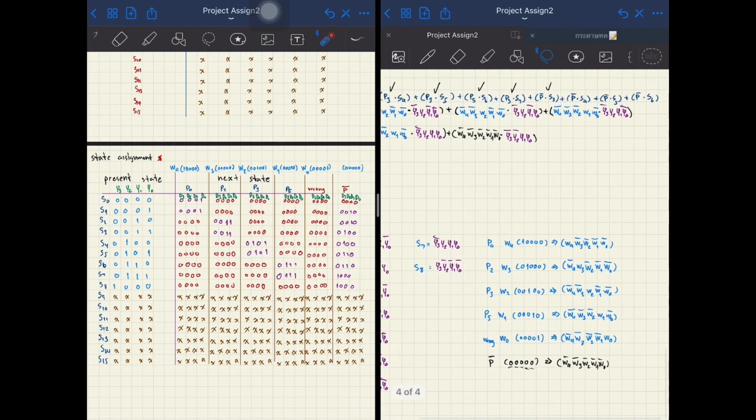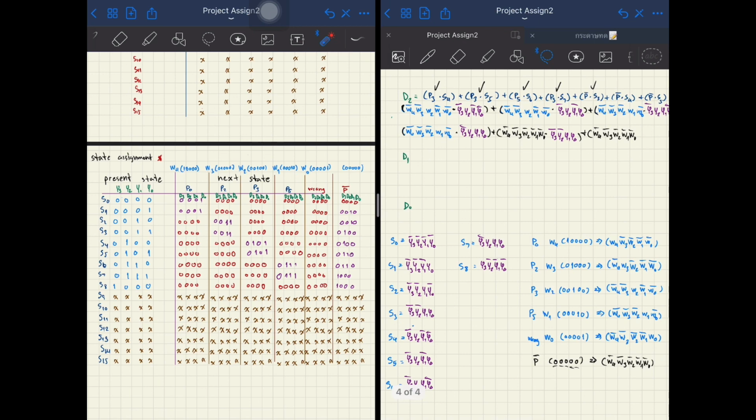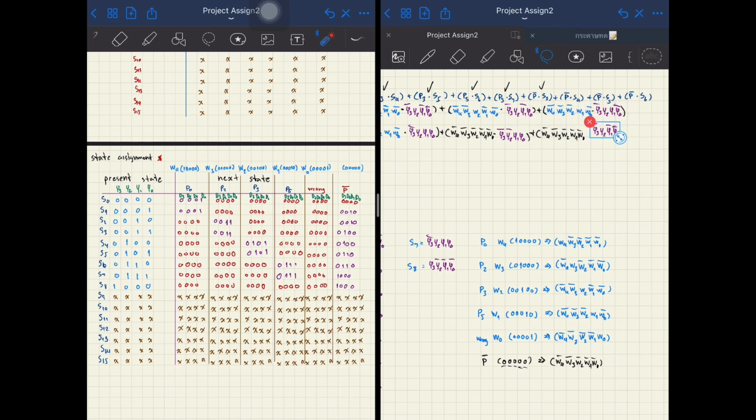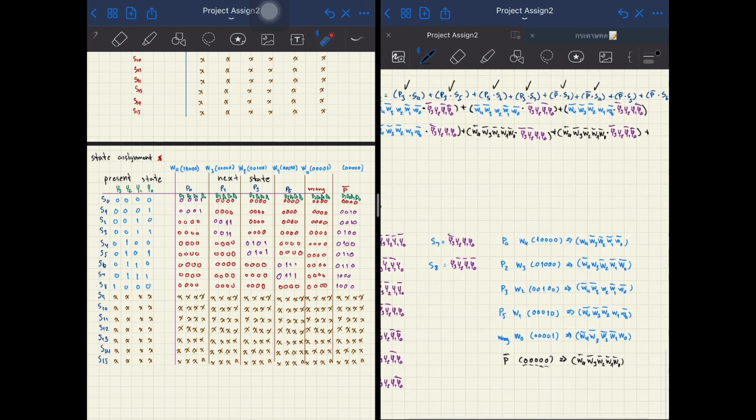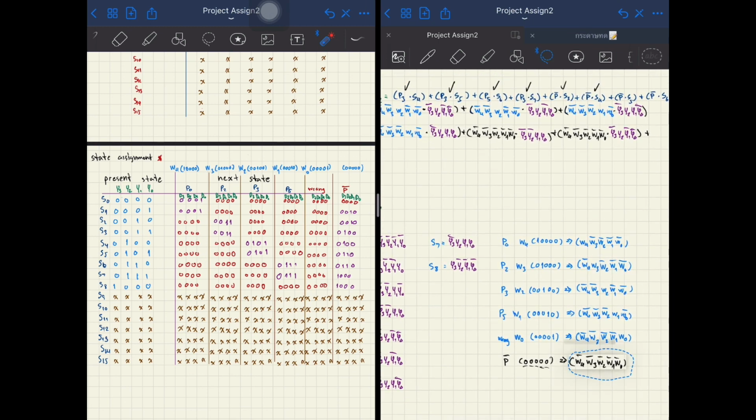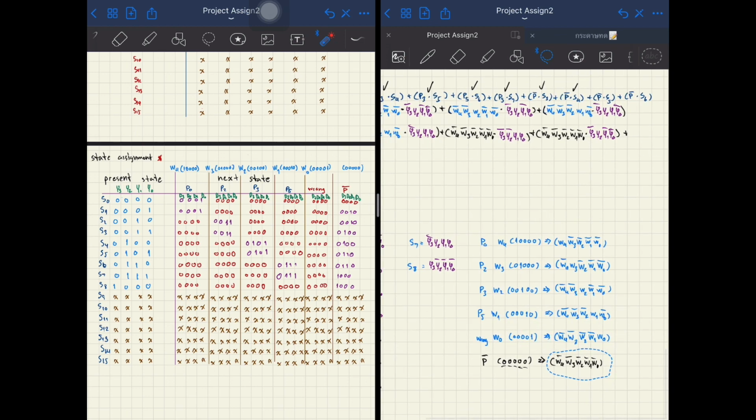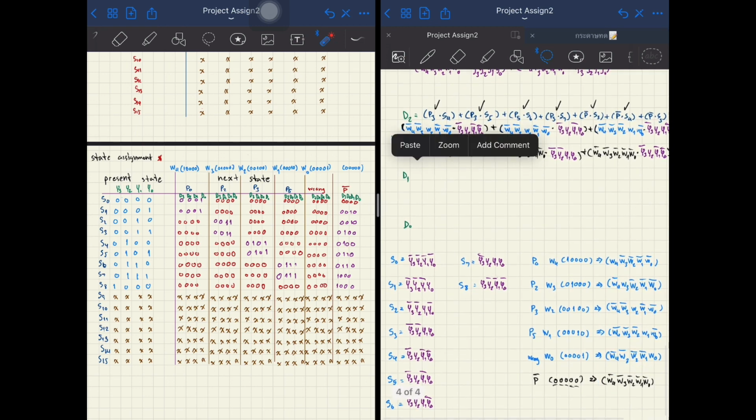Then P bar again, and with state 4. Okay, we check it. Then next term is P bar again and with state 5. P bar. I think we must write here because there's not enough space.